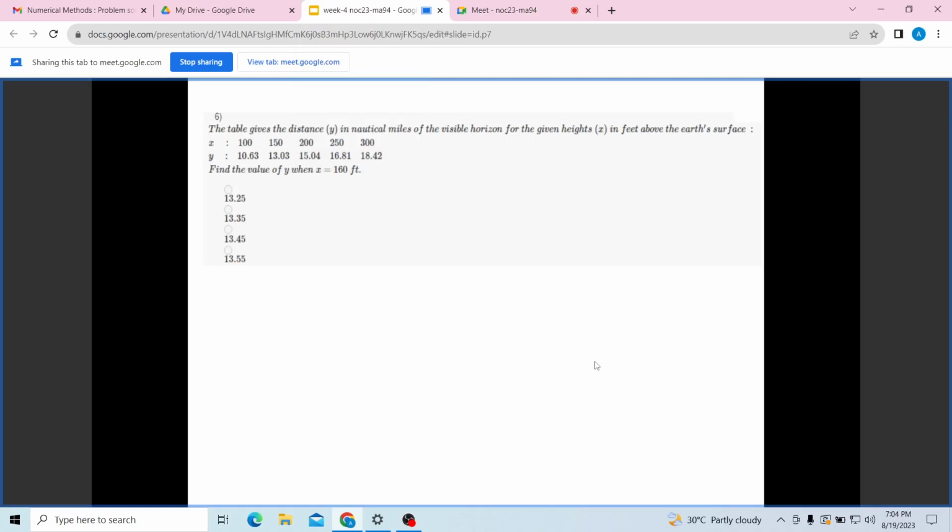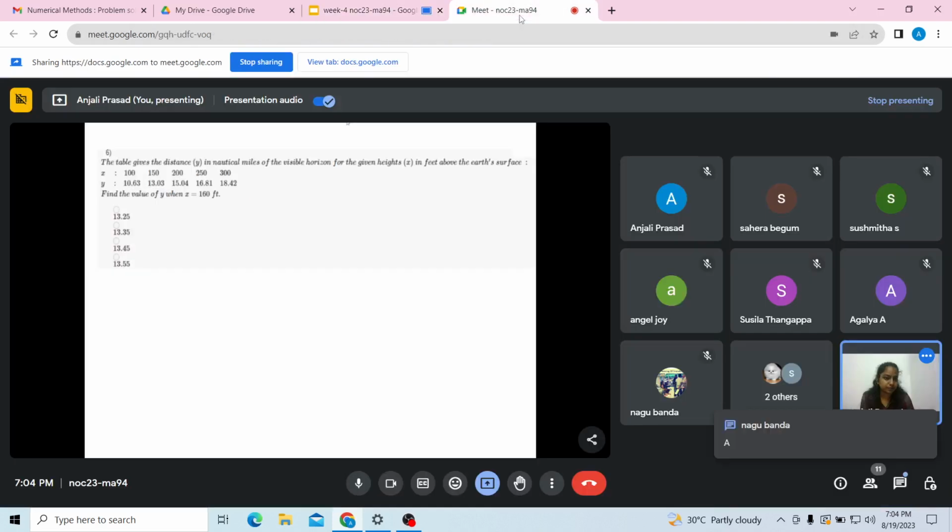I'm just showing the explanation so that it will help others. Okay, you have got it as 13.25. Is everyone getting 13.25? Check your calculations. Don't make mistakes in the approximations while rounding off.